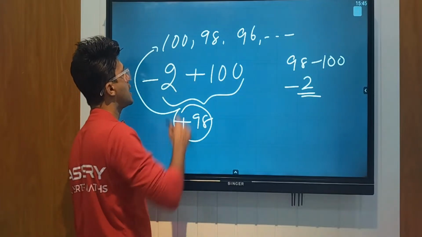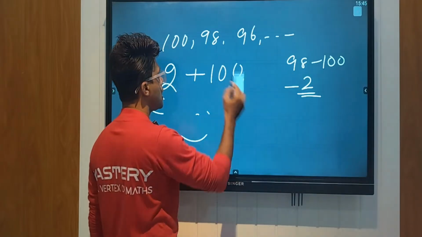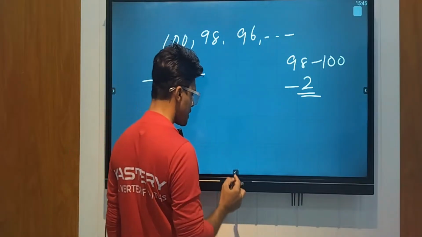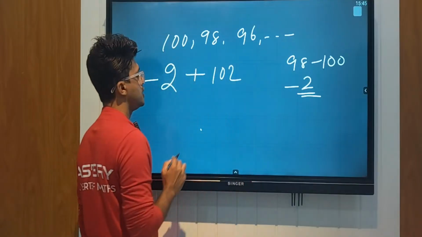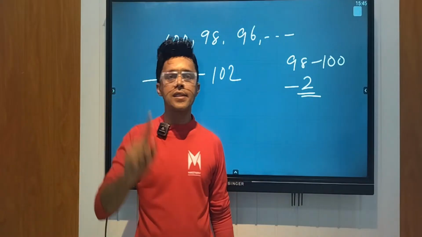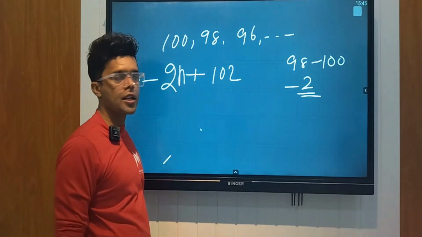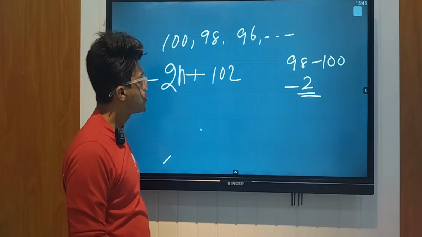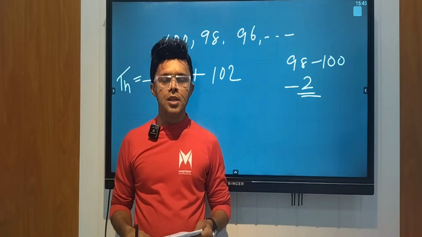So here you have to write plus 102. When you simplify these two values, you get 100. So Tn equals minus 2n plus 102. This is the general term of this number pattern.